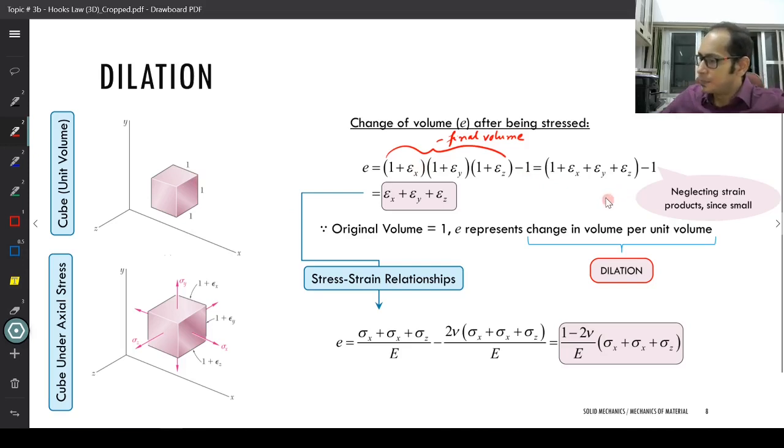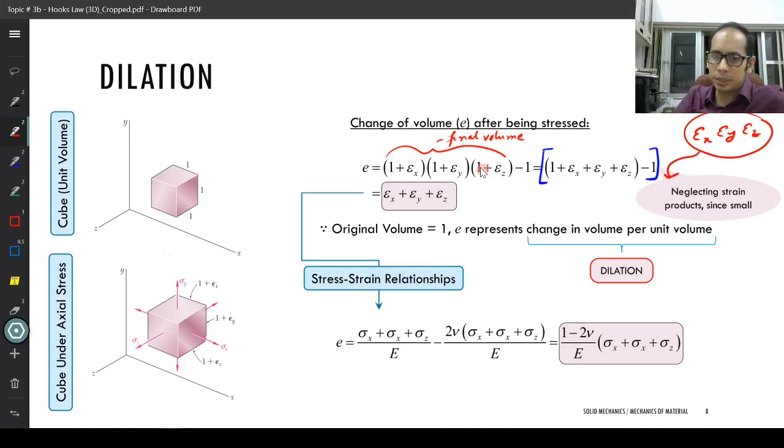But remember that when you multiply this out, you will also get a term epsilon x times epsilon y times epsilon z, and the products of other smaller strains. Since we are looking at very small strains, these can be ignored. So this is what is written over here: neglecting strain products, since they are small, you will get the individual strains epsilon x, epsilon y, epsilon z.